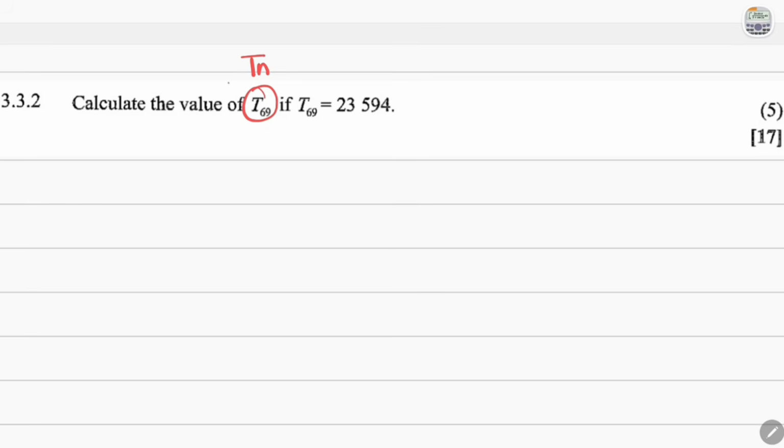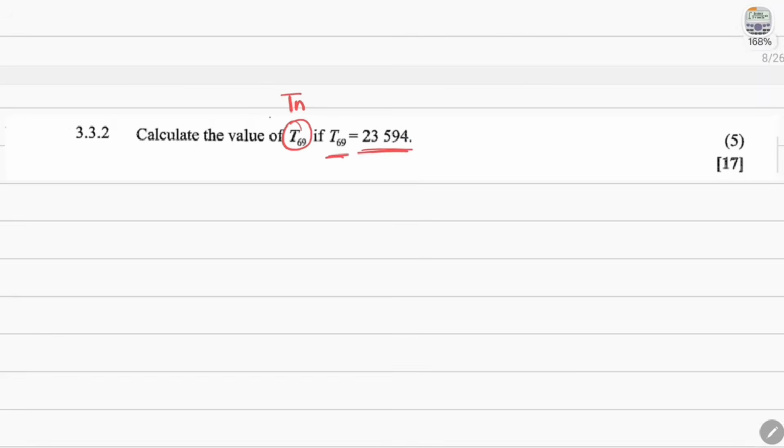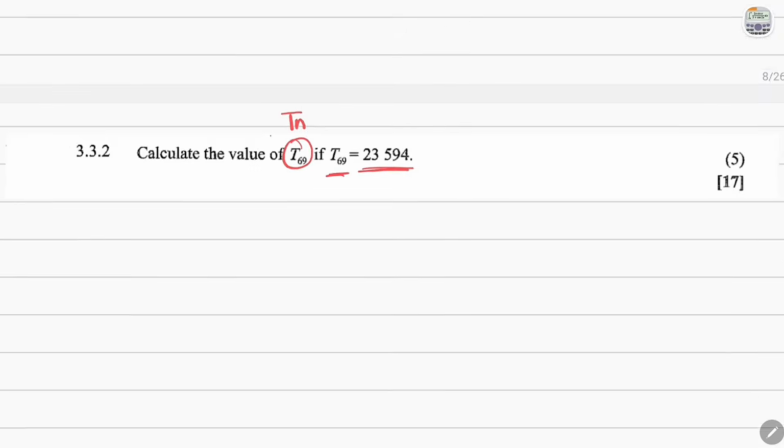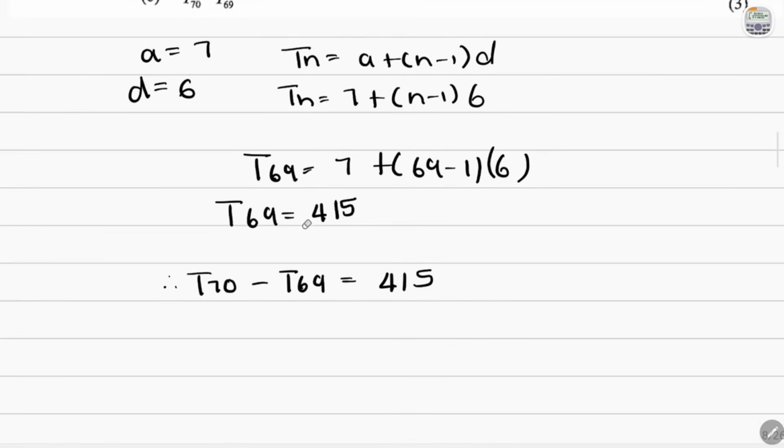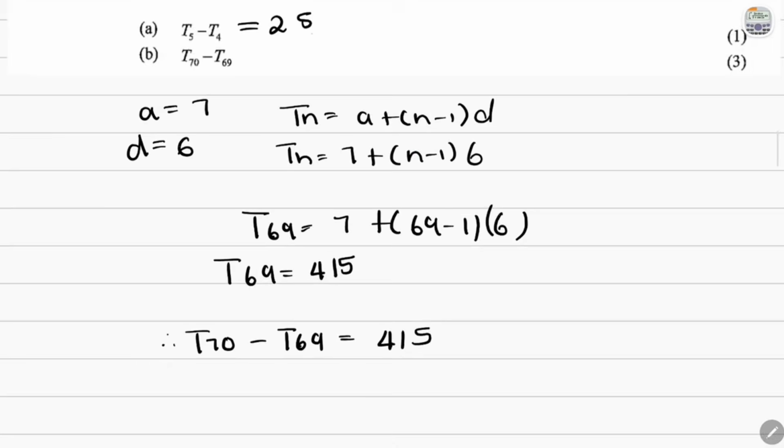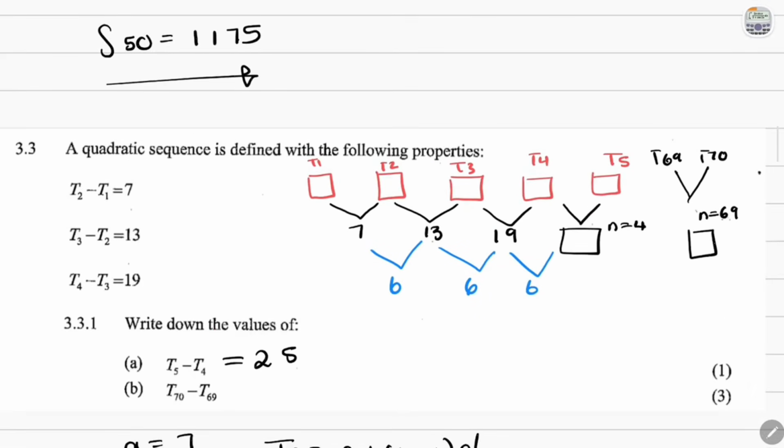So if they're saying term 69 is equal to this, they're referring to term 69 in the quadratic pattern. This is not the first difference. I know the first difference may have 415, but that's this term they're referring to, term 69. When we say term 70 minus 69, it gives us this term of 415, term 69 in your first difference.